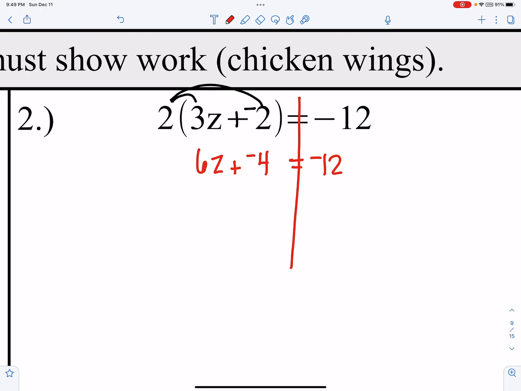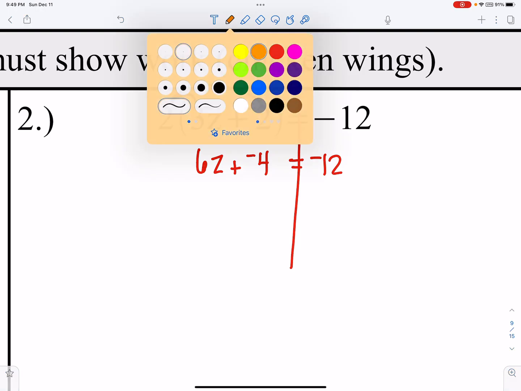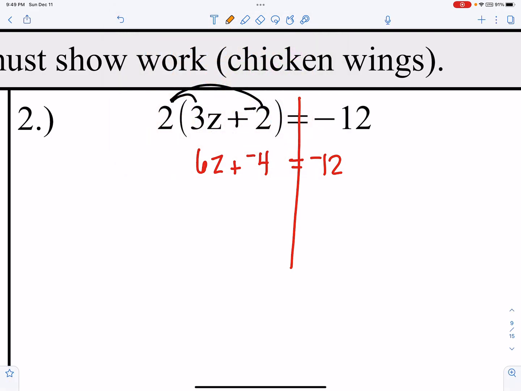Now I can go ahead and do the reverse order of operations to undo this. Okay, so we're going to, instead of having a minus 4, I'm going to add 4 to both sides.